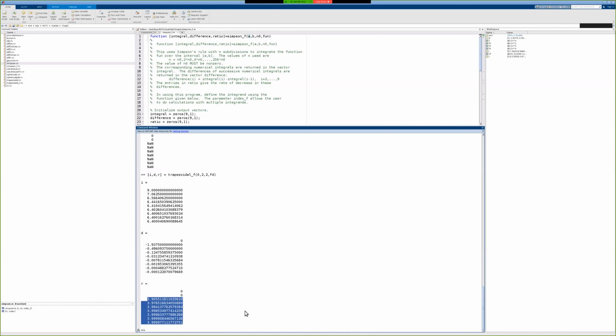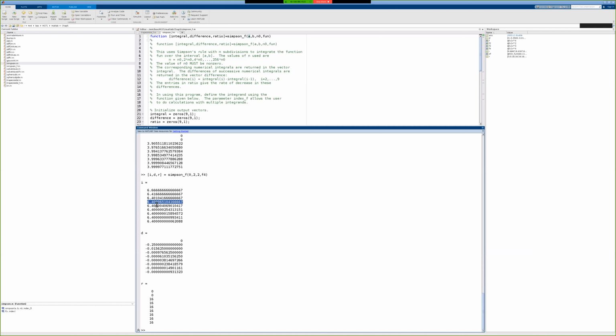Okay, now let's try it with Simpson's method. Let me do F4. Oh, that's good. Okay, so Simpson's method worked better. Simpson's method was accurate to almost 5 significant digits by the 4th iteration, whereas the trapezoidal method required 9 iterations.